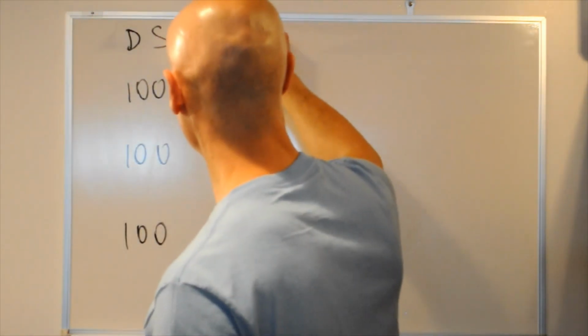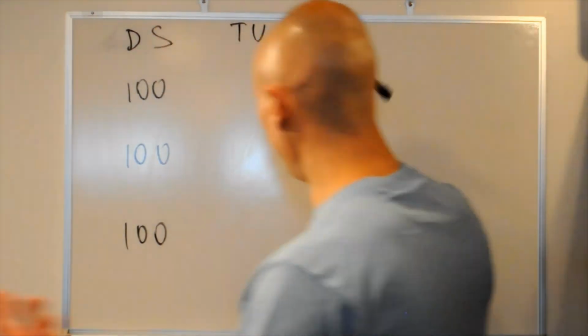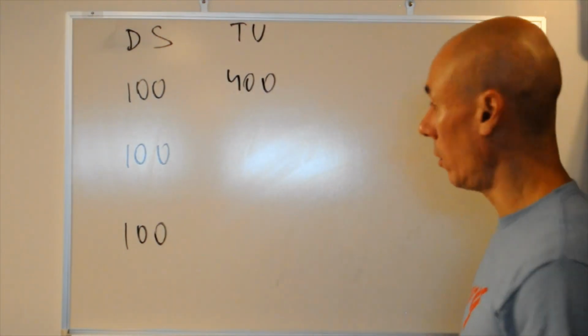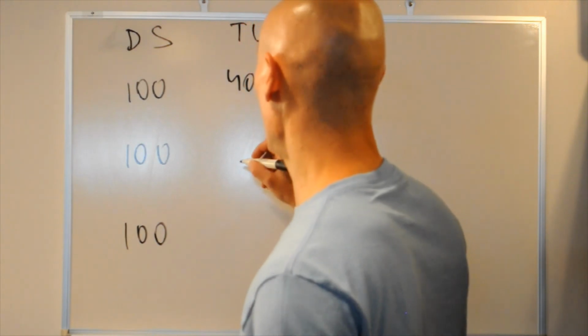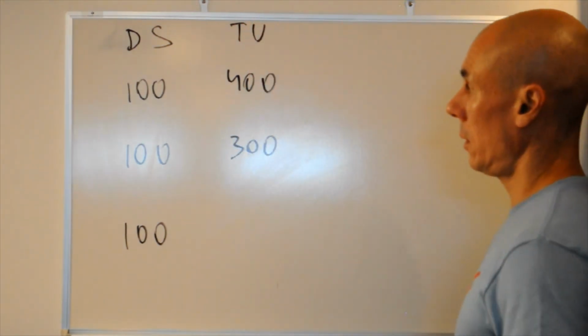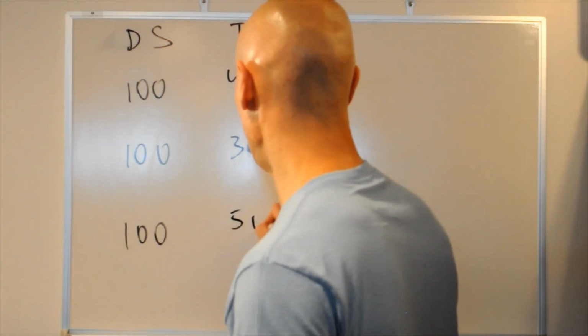And tidal volume is going to be different. So normal, regular, we're going to put at, I don't know, 400. For a fast and shallow breathing, we're going to put tidal volume at 300, and for deep breathing, we're going to put it at 500.